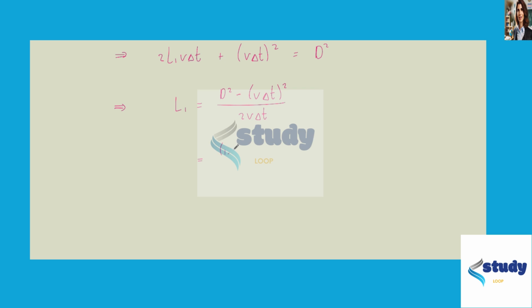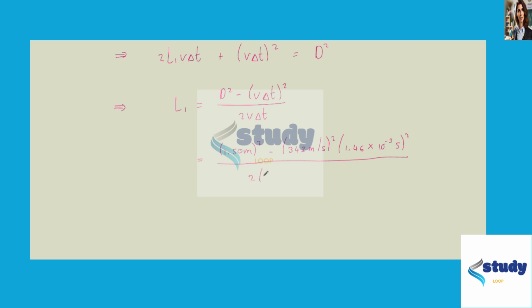So we know d is 1.5 meters, and that's squared, minus v, which is 343 meters per second, the speed of sound, squared, times the time delay delta t squared, which is 1.46 times 10 to the minus 3 seconds all squared, divided by 2v delta t.